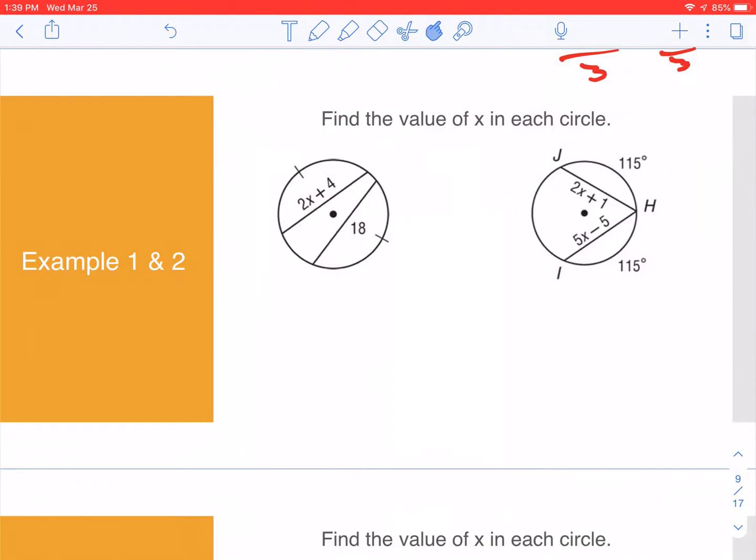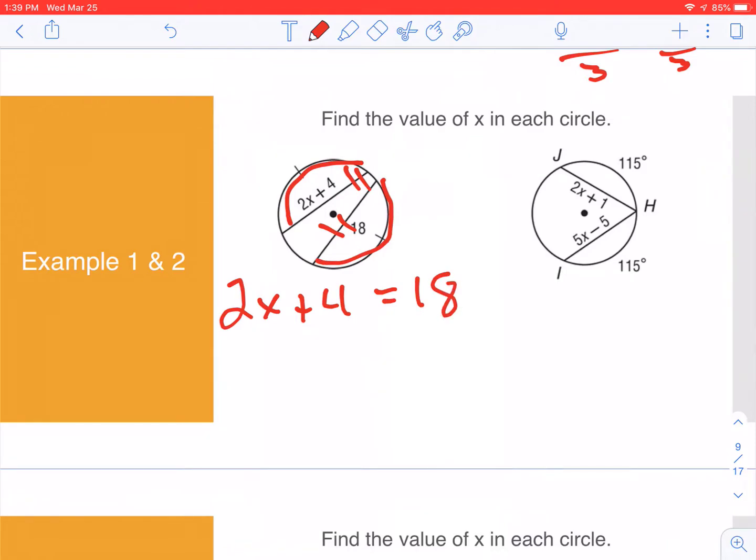Now we know that the arcs are equal, right? So we have this arc congruent to this arc. We must know now that those two chords are congruent. So all we do is 2x plus 4 equals 18. Subtract 4, subtract 4. 2x equals 14.